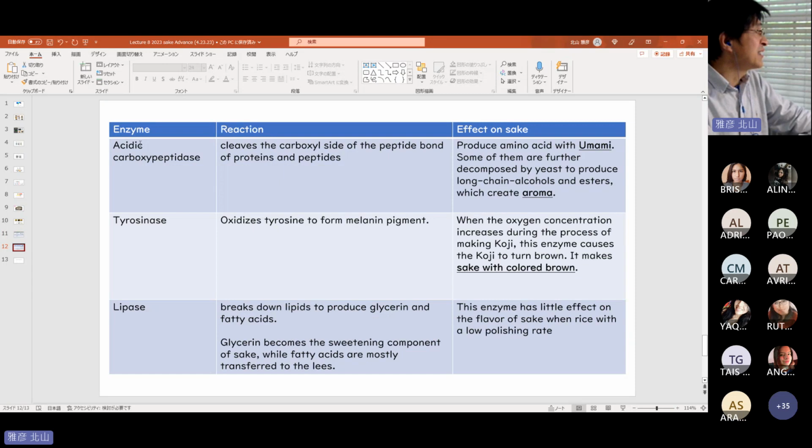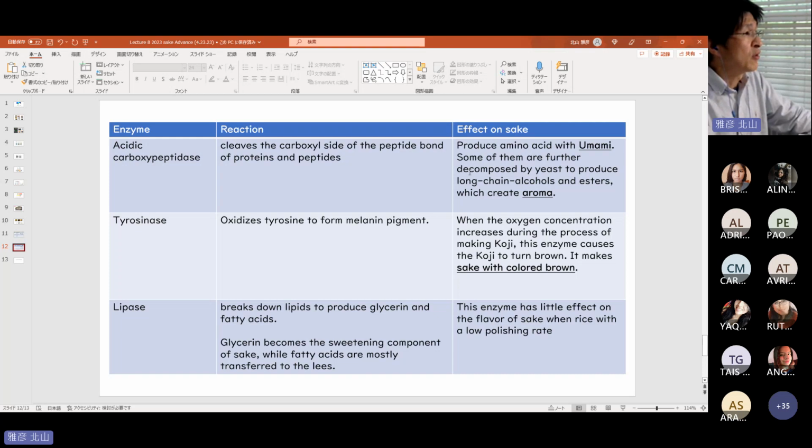On the other hand, acidic carboxypeptidase is another protease. This also cleaves the protein. It makes amino acid as well as peptide. So this makes umami taste by making glutamate, or it also makes aromatic compounds.